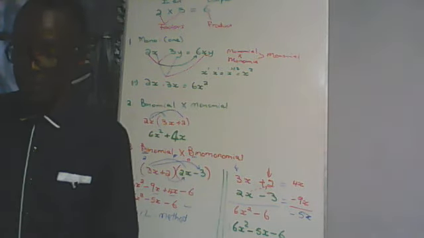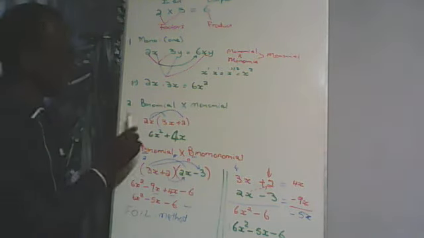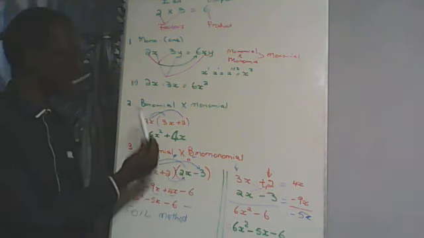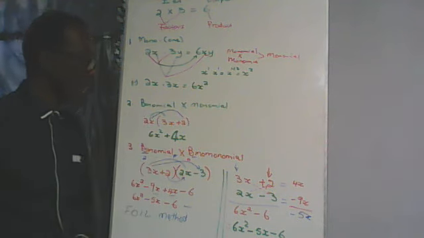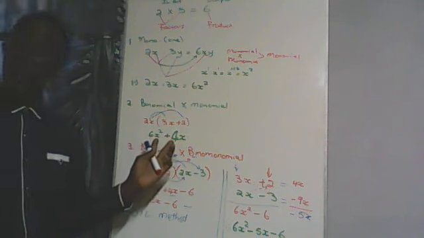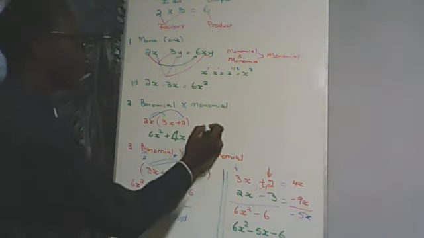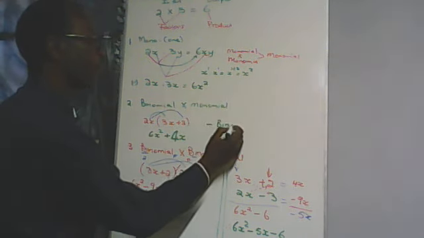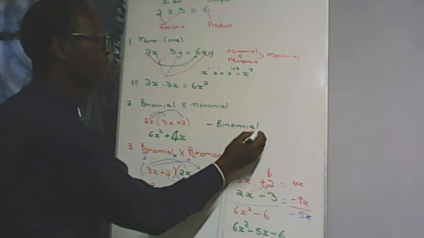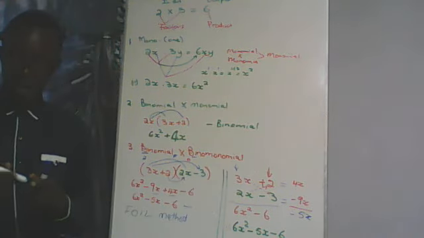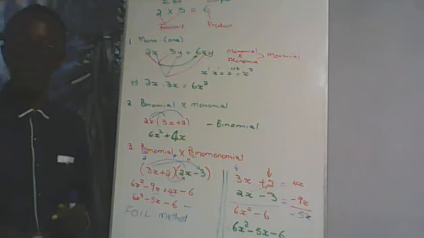That is a policy. And what happens when you multiply a monomial by a binomial? You get a binomial, because a binomial dominates a monomial.